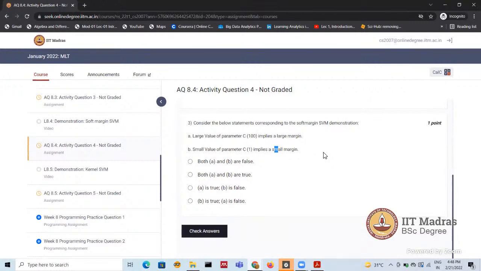Actually, this loss function has two components. One makes sure that you are actually able to separate the two classes, and the second takes care of the distance between the margins.